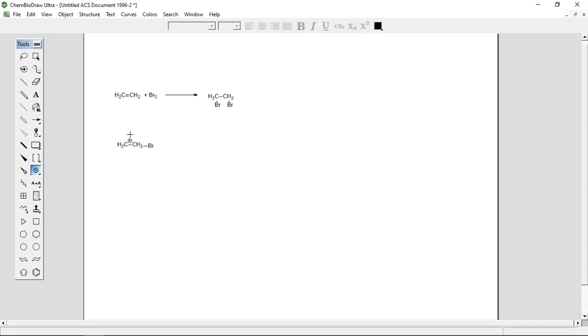That's why we are getting a mixture of products. So we are doing this reaction with a mixture of nucleophiles. The nucleophiles are OH minus, I minus, Cl minus.